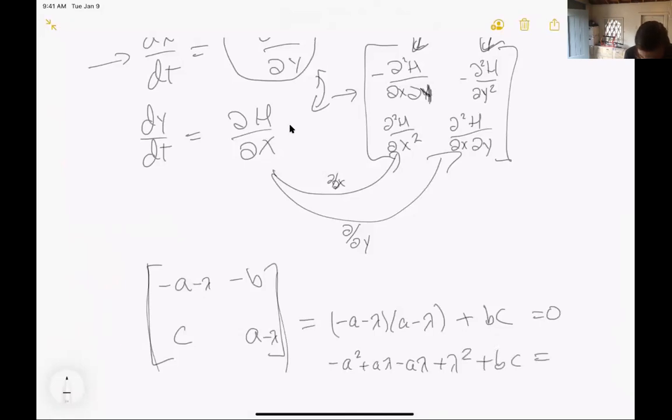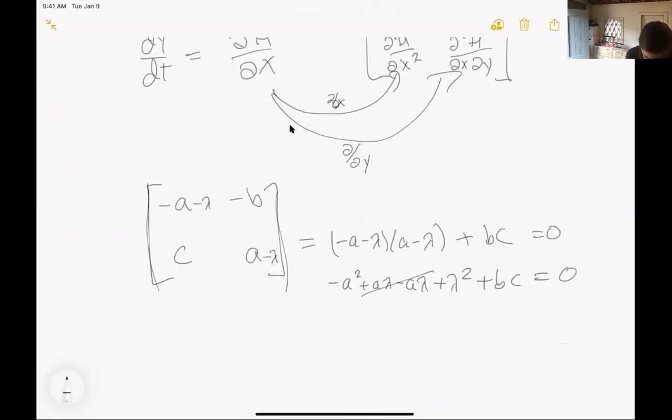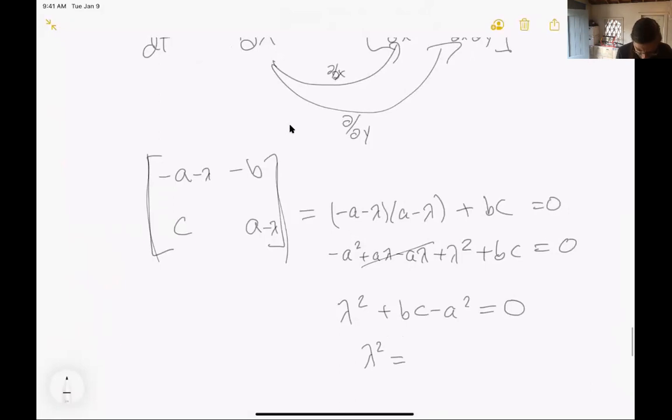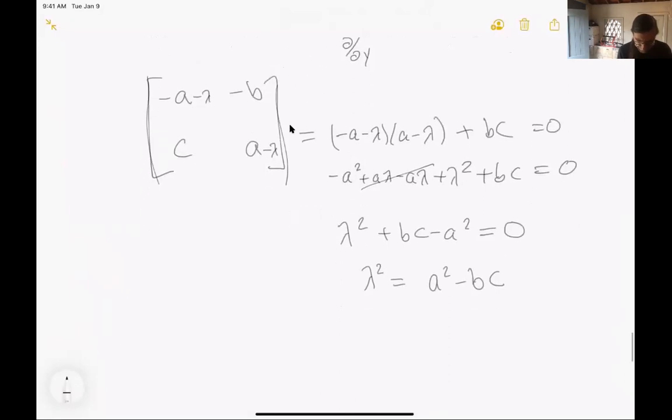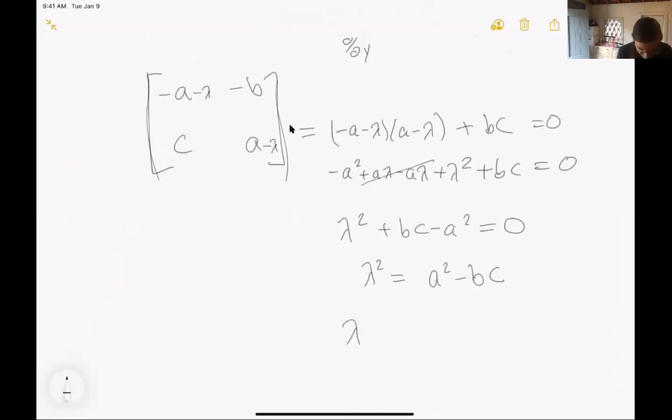And now you're seeing something special happens: the lambda term disappears. That gives us lambda squared plus bc minus a squared equals 0. So lambda squared equals a squared minus bc. So lambda equals plus or minus the square root of a squared minus bc.